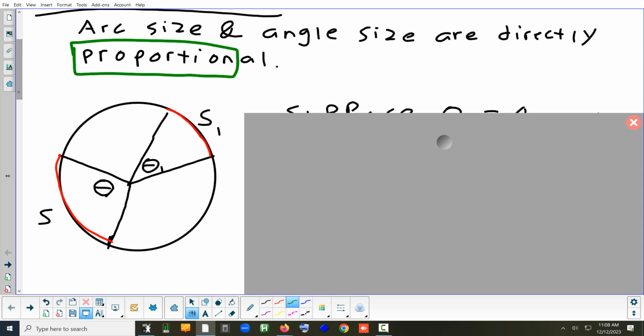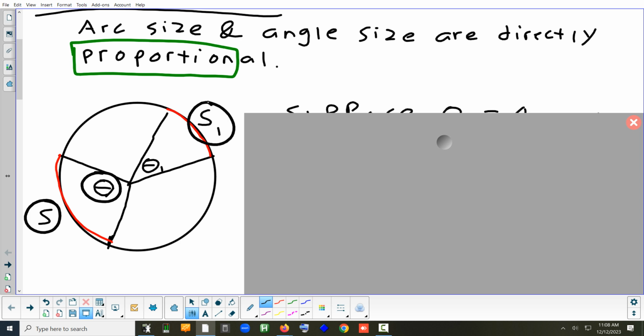If you're going to set up a proportion, you need four things. That's an S, and it represents the length of an arc. That's the letter that our book uses. Theta represents the angle that makes that arc.